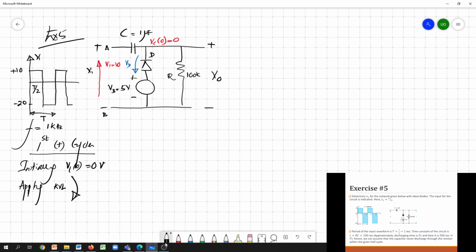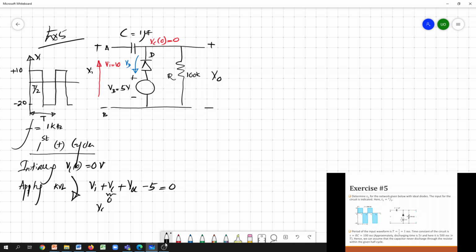We have VI, the input voltage, and the capacitor voltage, which is 0. If we remove the diode and see what voltage actually appears across it, we can argue that this is the open circuit voltage, and we have the biasing voltage. VC is 0.